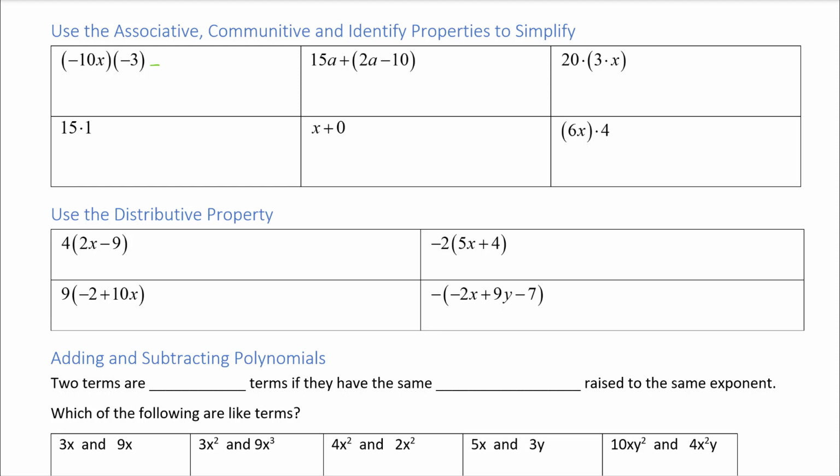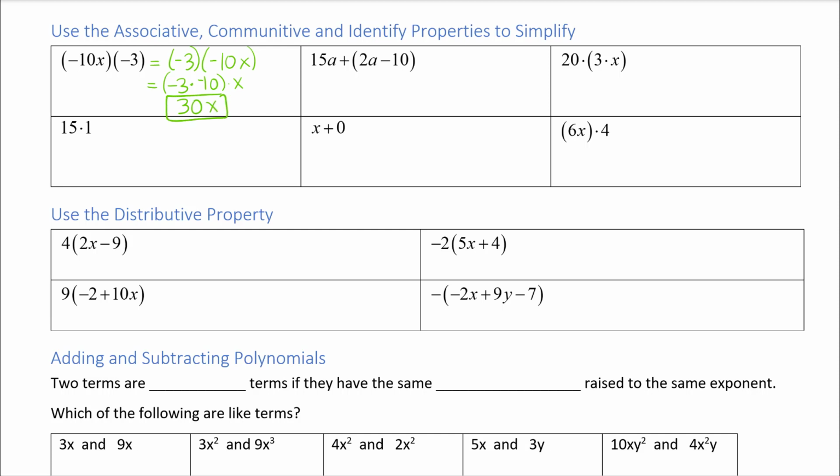So when I have negative 10x times negative 3, what I'm allowed to do because of the commutative property, I am allowed to take the negative 3 and put it in front and multiply by the negative 10x. And now because of the associative property of multiplication, I'm allowed to take the negative 3 times the negative 10, then times x. And then negative 3 times negative 10 is 30, 30x.